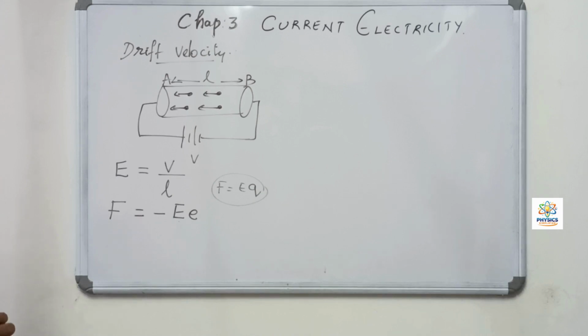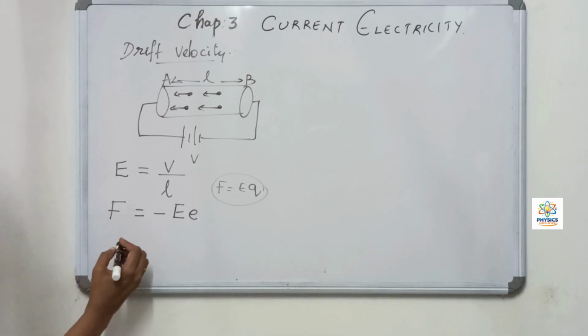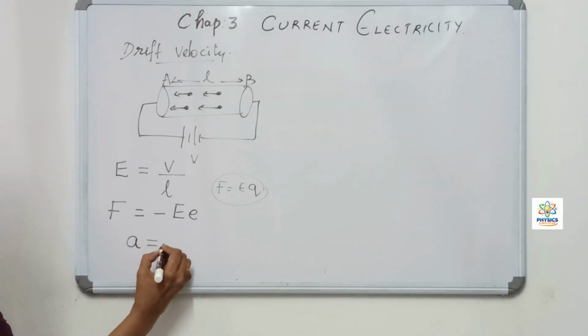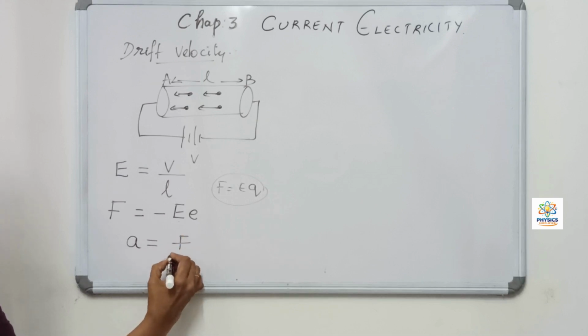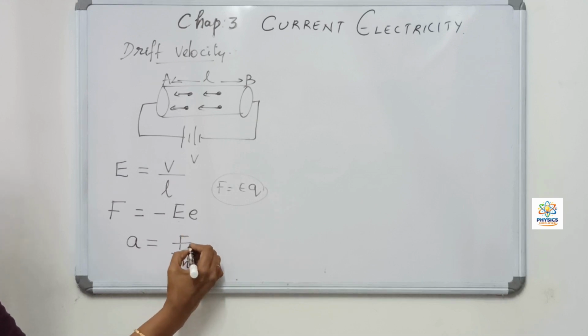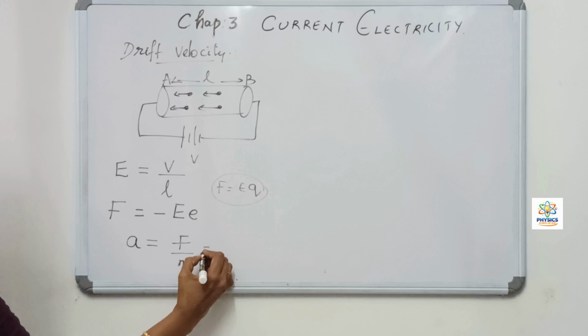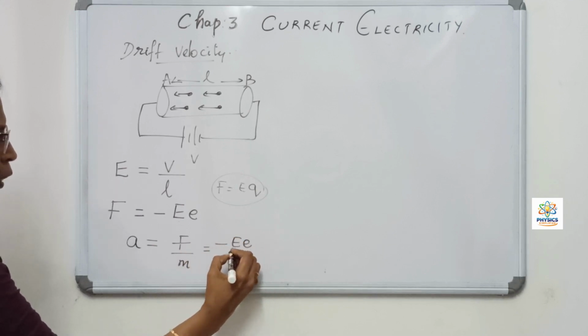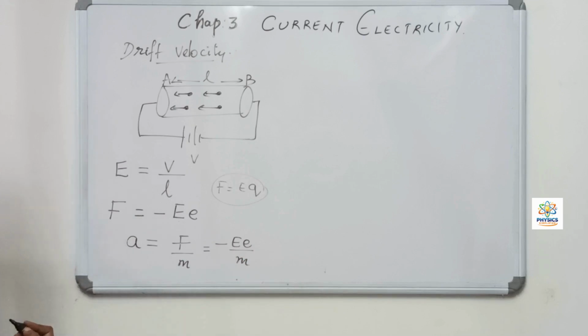If we consider the mass of the electron as m, then the acceleration is written as a is equal to F by m. Then we can apply the value of F, we will get minus eE by m.